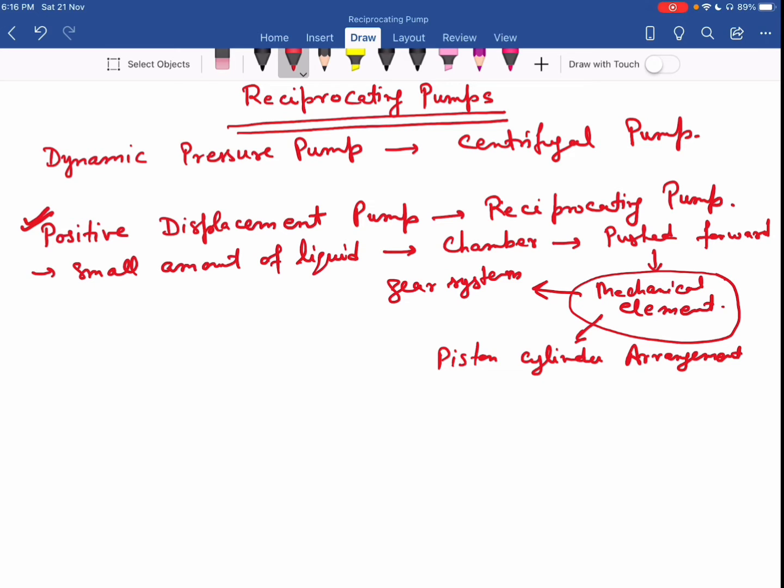So if we fill and empty that chamber with the help of a piston, and that piston is controlled by some other external element, that type of pump we call the reciprocating pump.